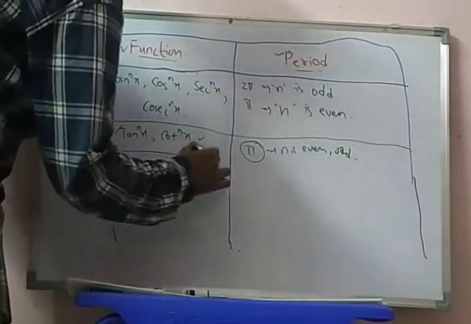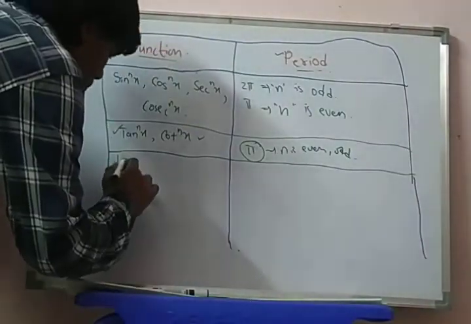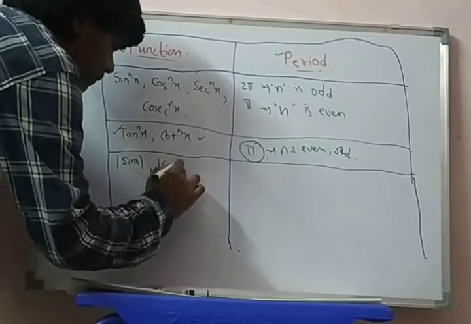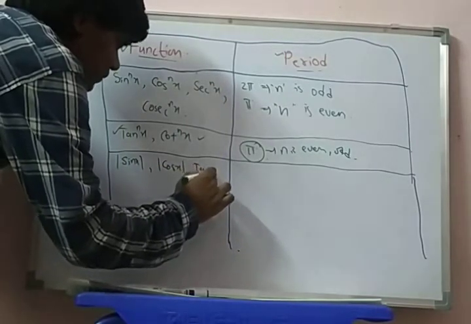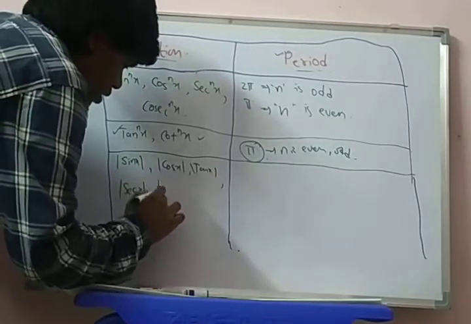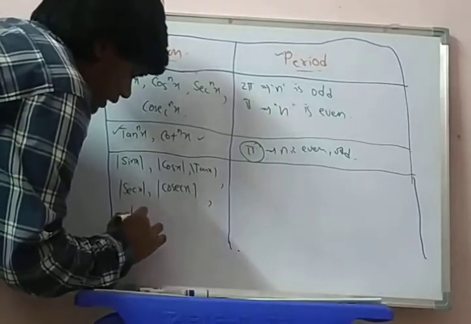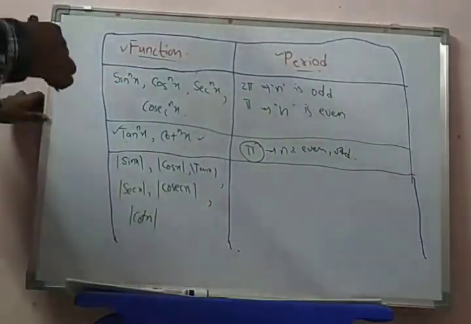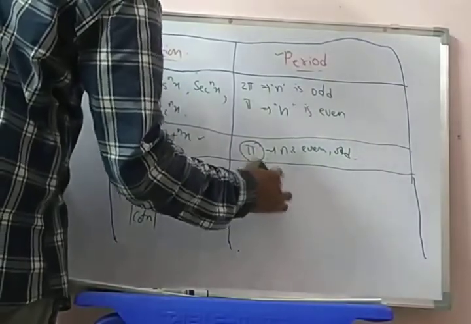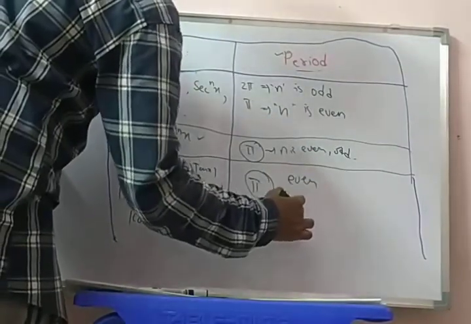In the same way, for modulus functions, that is mod sin x, mod cos x, mod tan x, mod secant x, mod cosecant x, mod cot x, the period is also pi, whether n is even or odd.